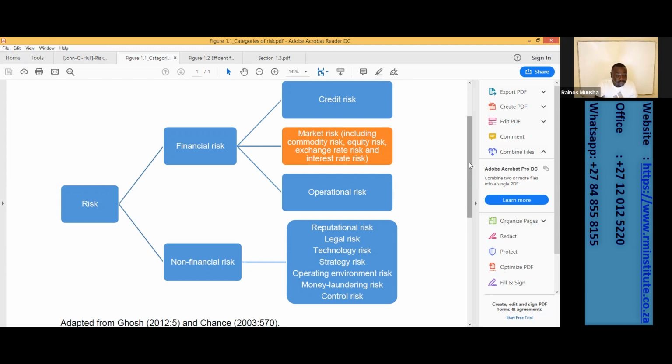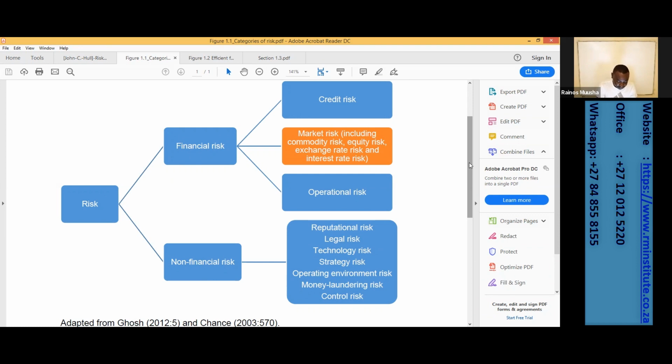For example, if it's a financial firm, control risk is the risk that the organization does not have control systems in place to ensure that the different parties operating within the organization are monitored so that they stick to the given risk limits as well. So that's basically where control risk comes from.